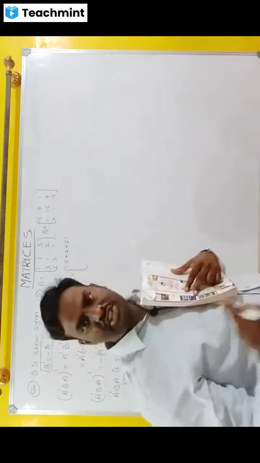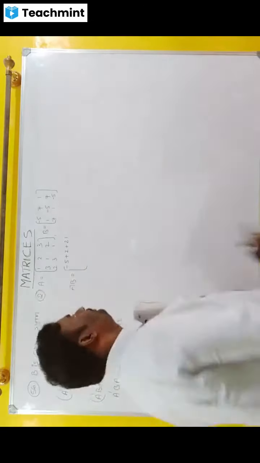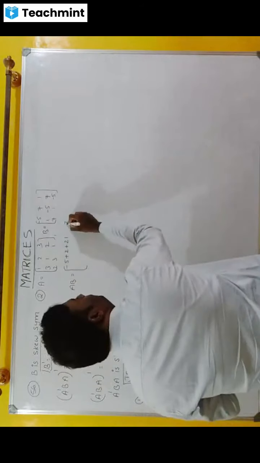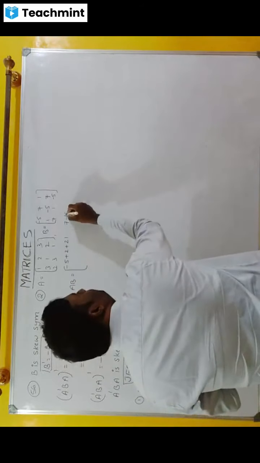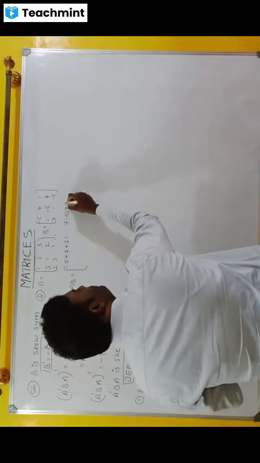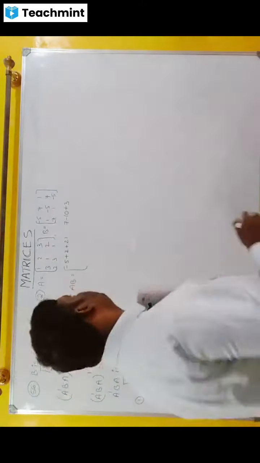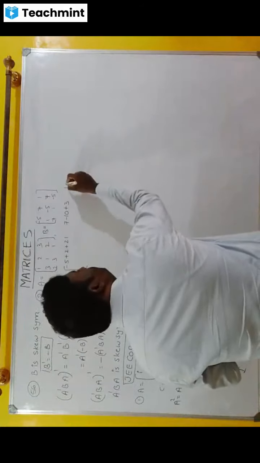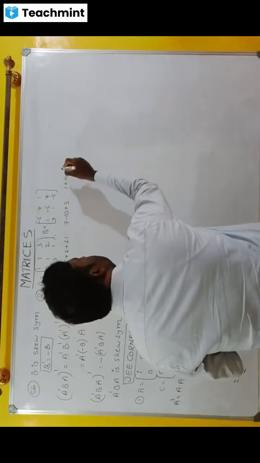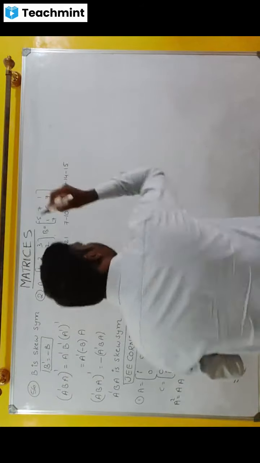Next, first row, second column. 1 into 7, 2 into minus 5, 3 ones are 3. Next, first row, third column. 1 into 1, 2 sevens are 14, 3 into minus 5 is minus 15.